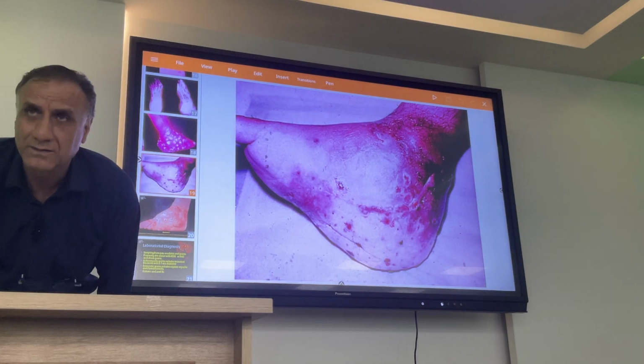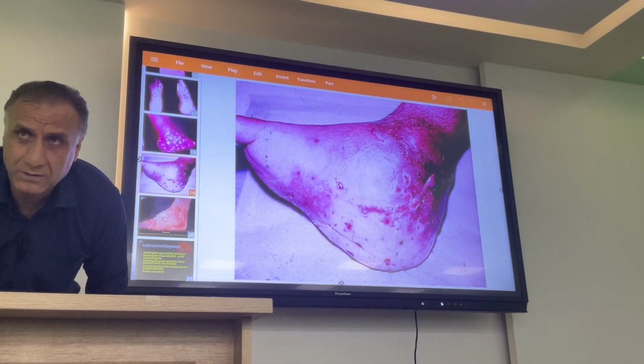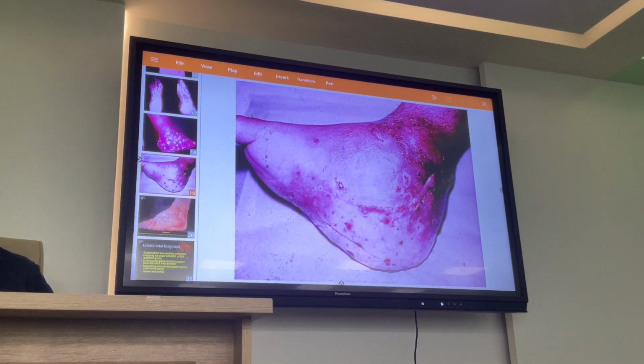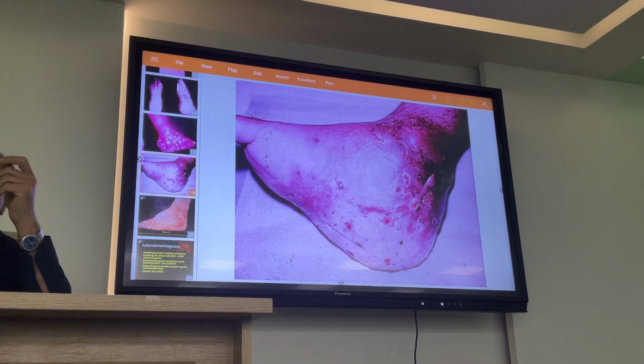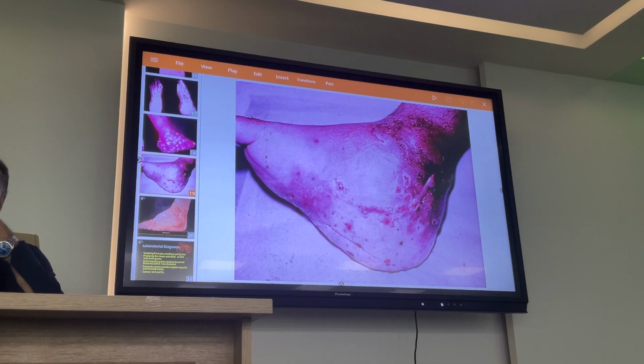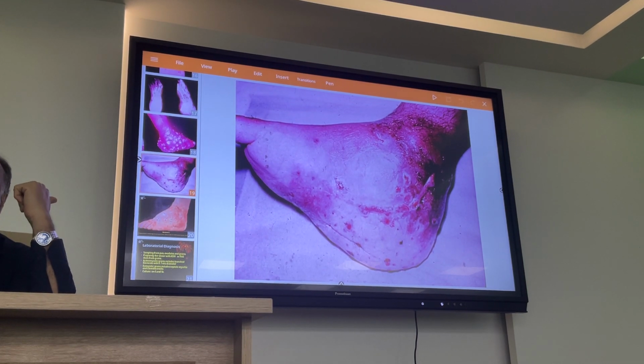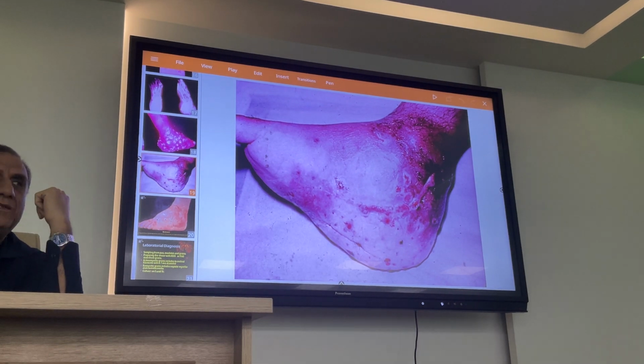Treatment. For actinomycosis, with antibiotics, amphotericin B, itraconazole. Okay, thank you for your answer. But I have a question related to this picture.